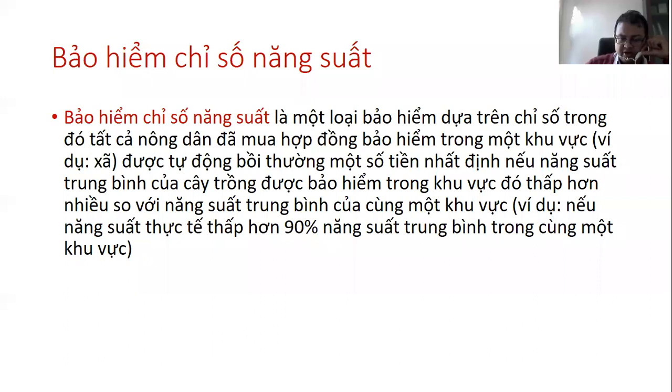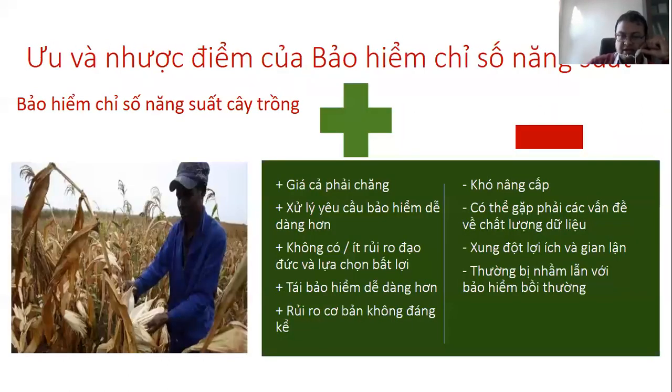So now, if we go to the next slide, what are some of the pros and cons of yield index insurance? Well, with yield index insurance, the claims processing, so assessing whether a claim is valid or not and whether it should be paid or not, if so, how much, and so on, becomes much easier compared to indemnity, because the insurance company doesn't need to visit each farmer who claims.